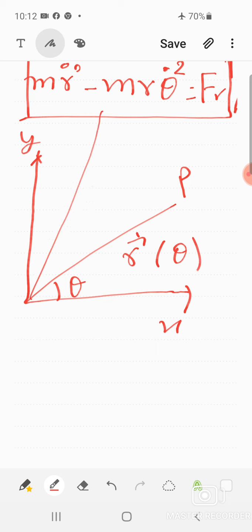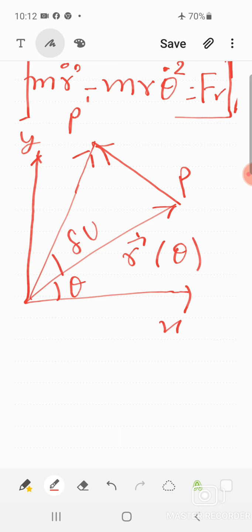Let the particle reach some point P dash, then this represents the direction, and there is a small change in theta, that is delta theta.